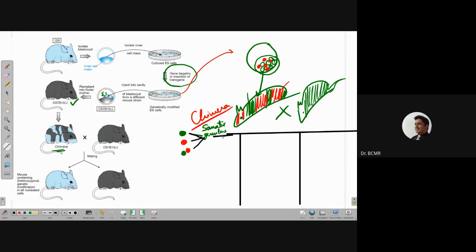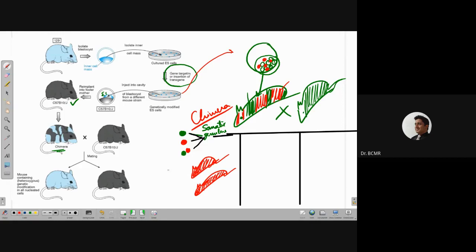Assume that when the mating between these two organisms has happened, the chimera and a completely green wild type mouse, all the mice were red in color. What would that mean? Say they have two babies, pups, and they are all red in color.